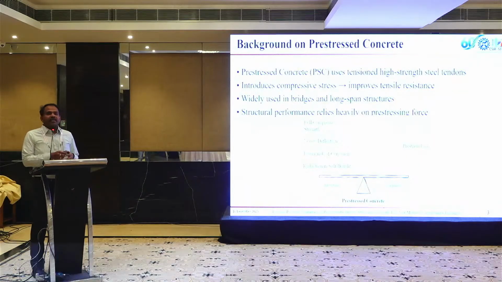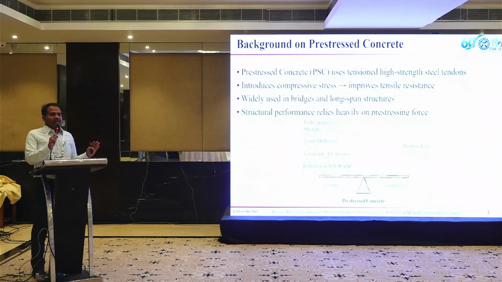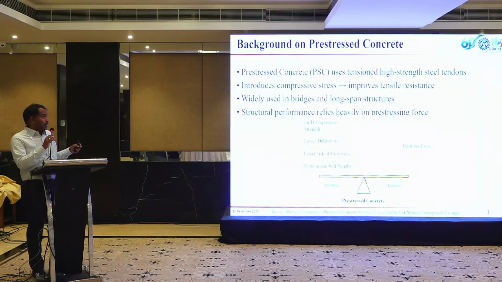So we all know pre-stress concrete is extensively used for long span structures, especially in bridges, to counteract the tensile stress. The tensioned high strength steel tendons are applied on the concrete, which creates compressive stresses that counteract the tensile forces developed in the concrete.